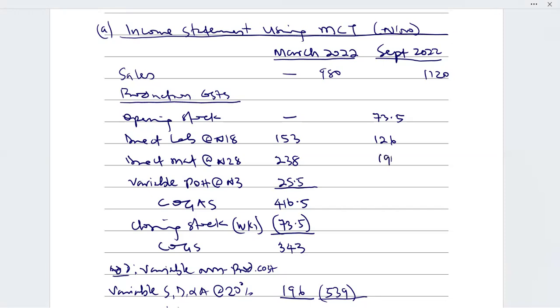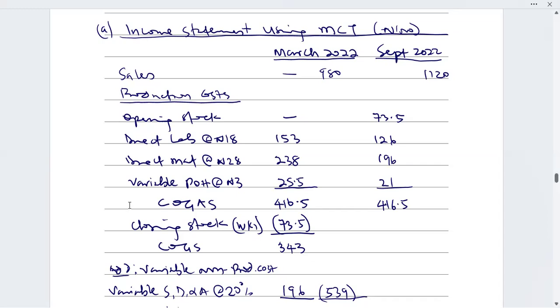Here is 196, then 21. Add it up. What do you have? 416.5. Yes. 416.5 is just a coincidence for the COGAS to be equal.